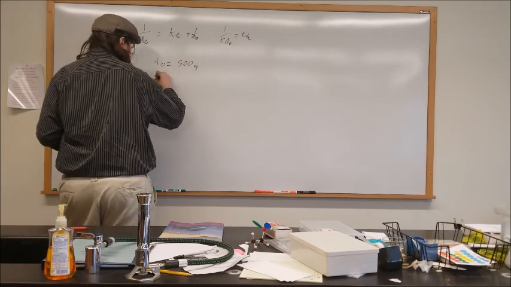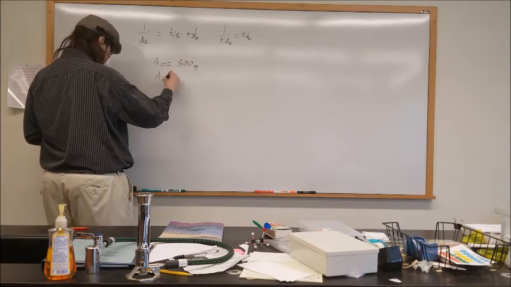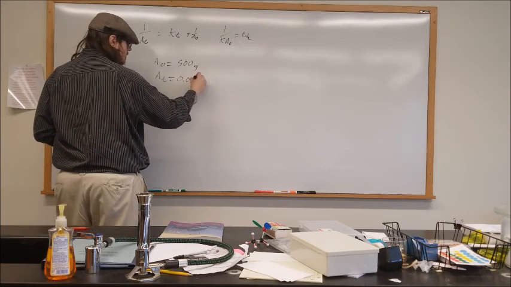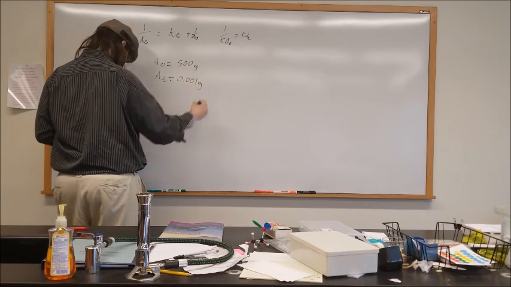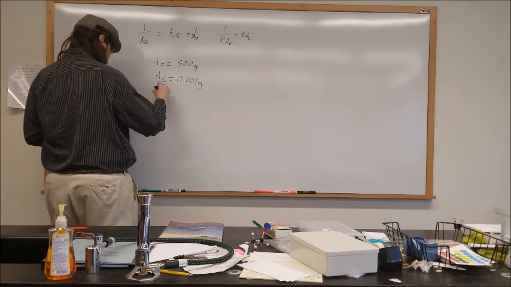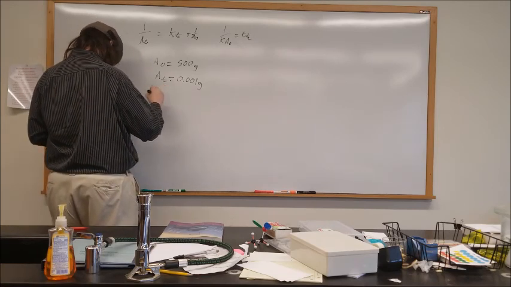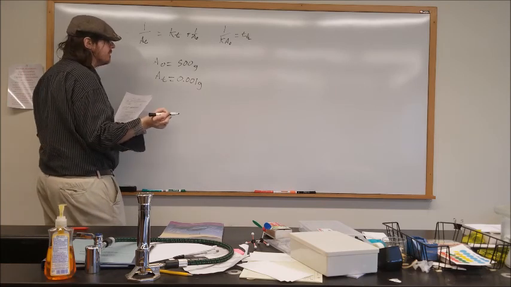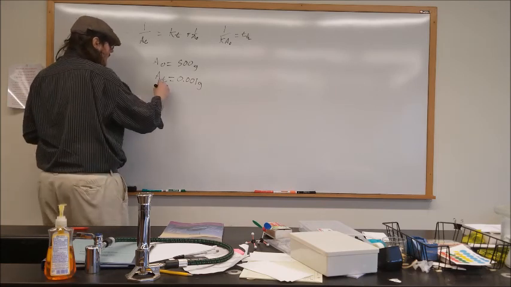Here's where I was tricky this year, to 1 milligram. So 1 milligram is 0.001 gram. And it takes 50 milliseconds to go from 500 grams to 250, which is defined as the half-life.